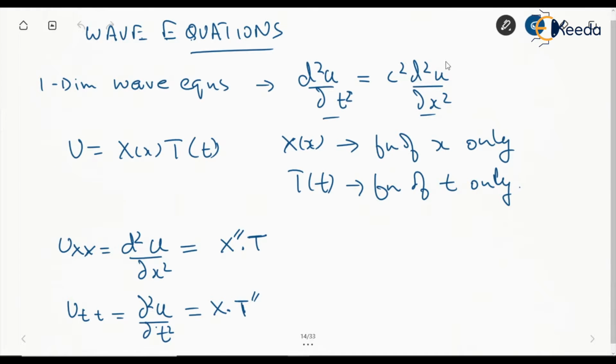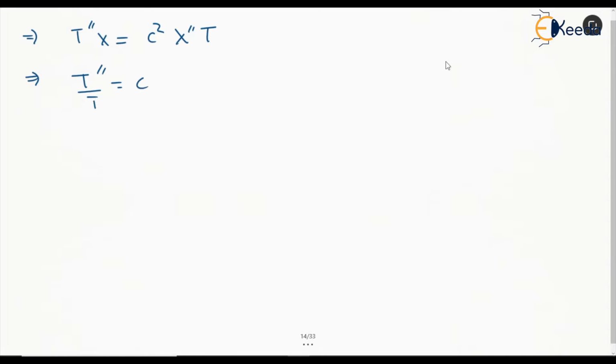Then this equation can be written as T double dash X is equal to c square times X double dash T. We can take the same variables on the same side, so this will become T double dash by T is equal to c square X double dash by X. Now, we have already said that X is a function of x and T is a function of t, so they are independent.